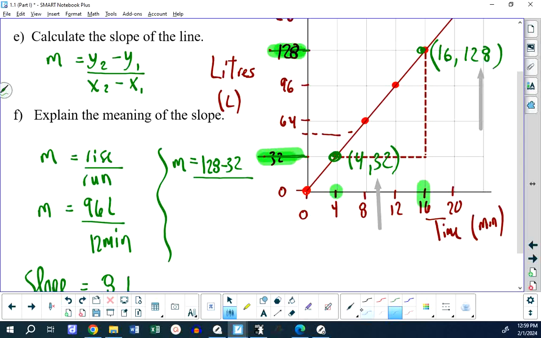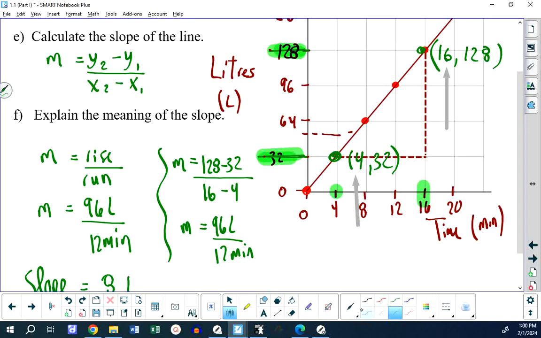And on the bottom, you put x minus x. So you're going to have on the bottom 16 minus 4. So what do we get? We get 96 liters on the top, and you get 12 minutes on the bottom. It's the same thing, right?